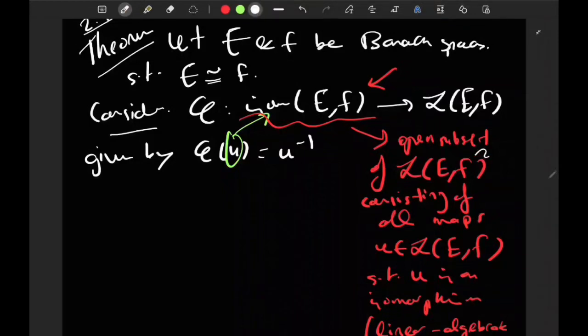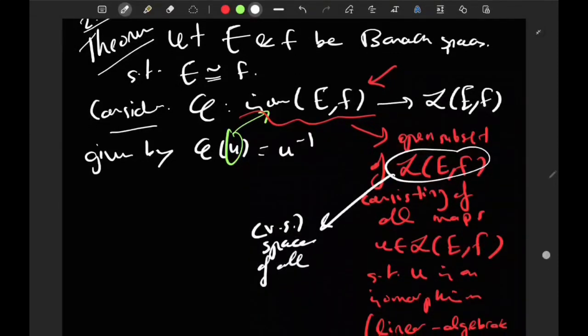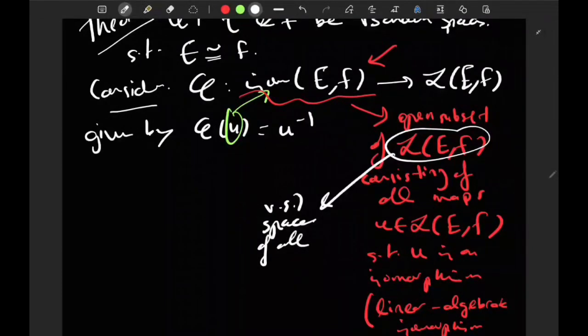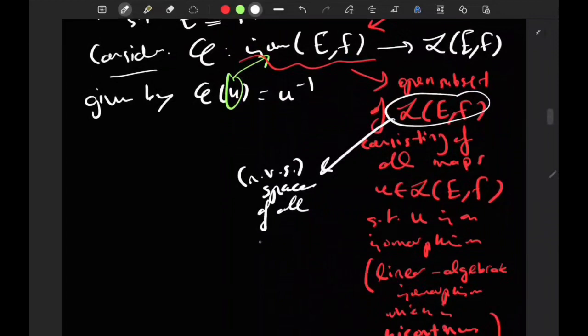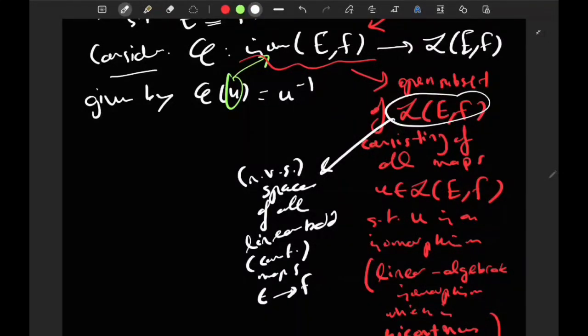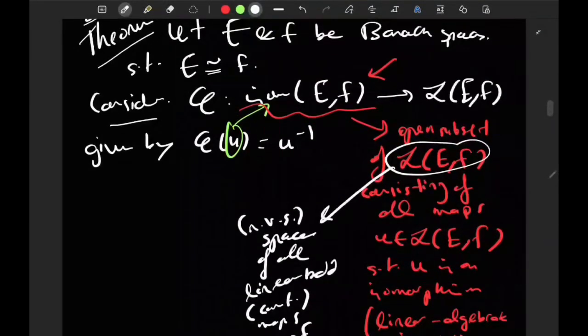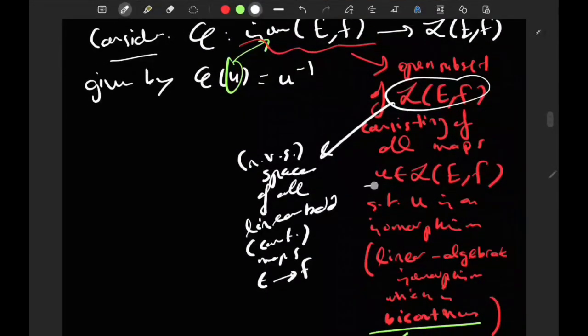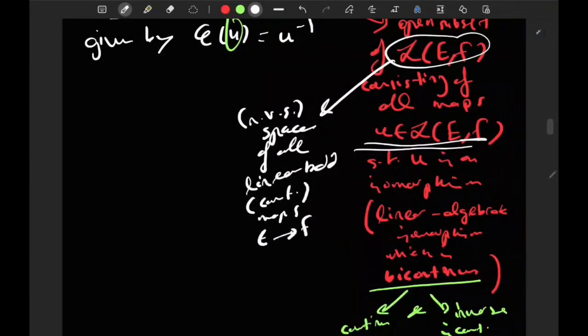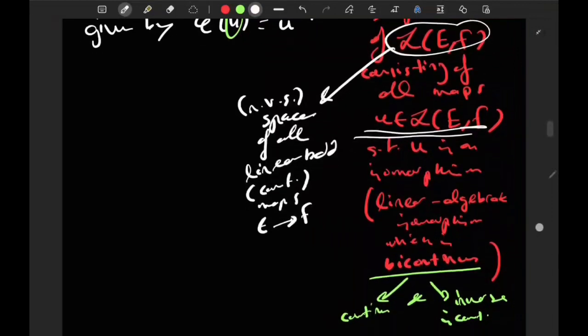So we're talking about the subset, isom EF again, the subset of L of EF. So we're recalling a few things now just to refresh. Okay, so L of EF is the vector space, actually the normed vector space, with the norm, of all linear bounded, or if you want continuous, maps from E into F, okay, and isom EF is the open subset of L of EF, which we proved, which consists of all the maps U, linear continuous from E to F, which are isomorphisms in the sense of linear algebra.